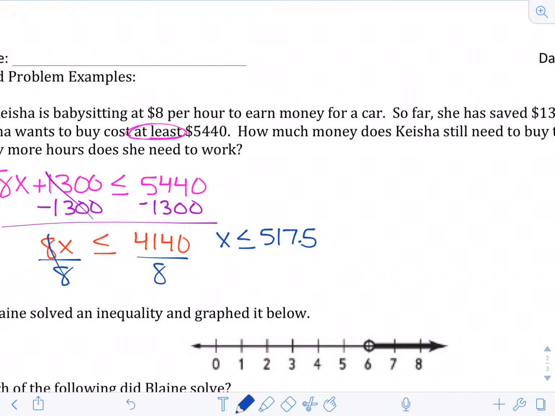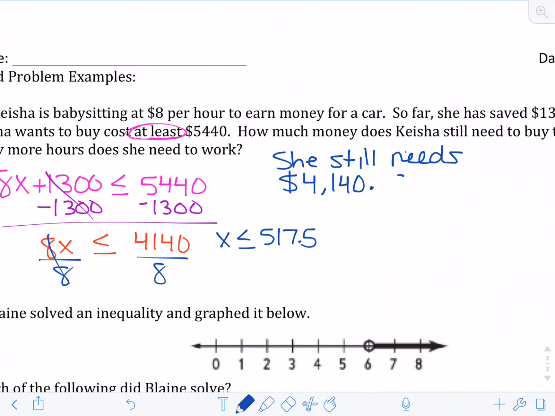Okay, so Keisha, how much money does she still need? She still needs $4,140.